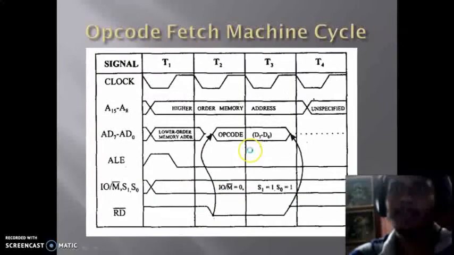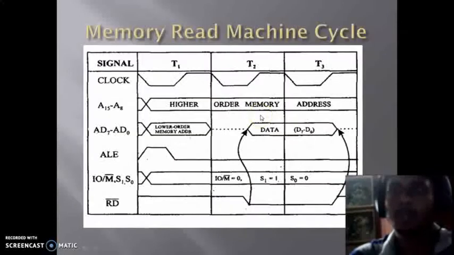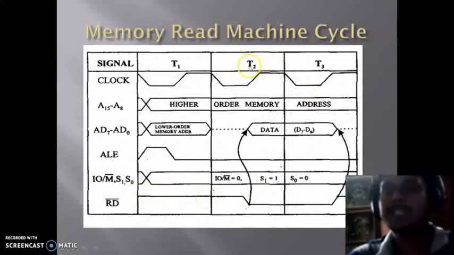And this is a memory related operation, that's why IO/M bar will be equal to 0. And in case of memory read operation, as we know, the status signal will be 0 1 0, so here S1 will be equal to 1 and S0 will be equal to 0. For the first T state, no read operation is going on, so the read signal will be high. And after that, we consider T2 and T3.